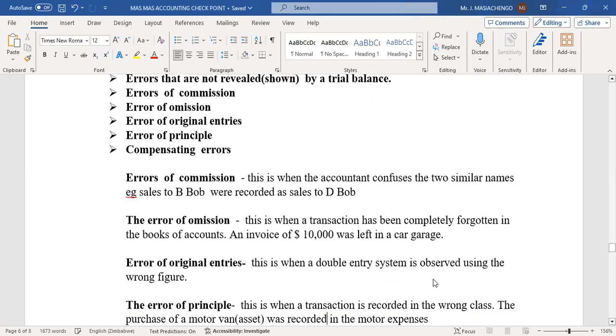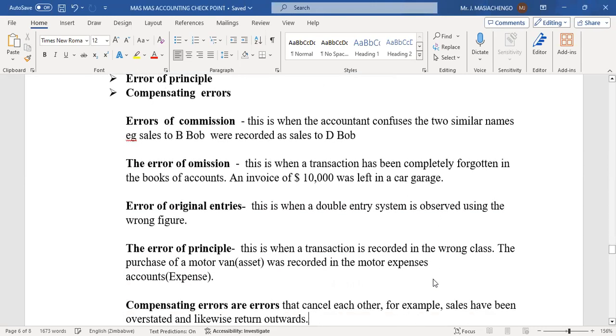Okay, let me scroll down. Let's start with the error of commission. I think you can see on the screen that this is when an accountant confuses 2 similar names. For example, sales to B Bob were recorded as sales to D Bob.